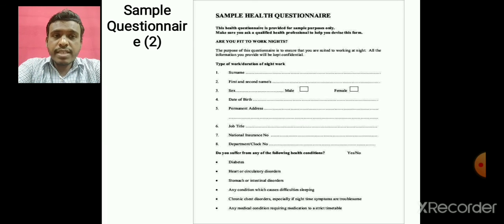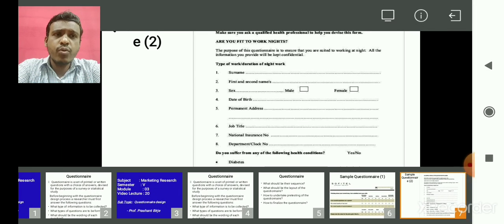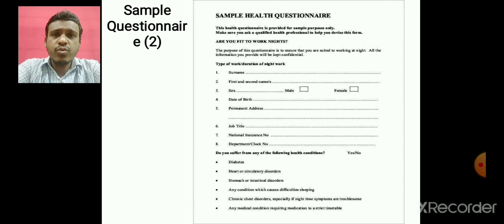For these questions, the only options are yes or no. No options are written out here, but the options are common for everyone: you have to answer either yes or no. So this is another example of a very standardized questionnaire. Very simple dichotomous questions have been asked. We'll see what dichotomous questions are in the later part of the module.